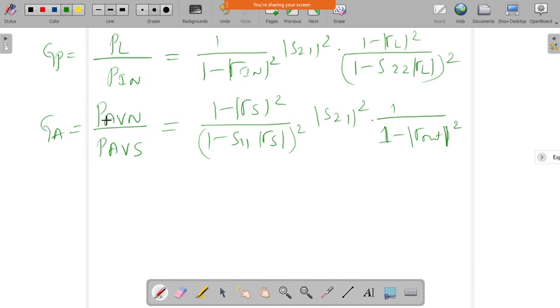Now we can compare these two power gains with the transducer gain.